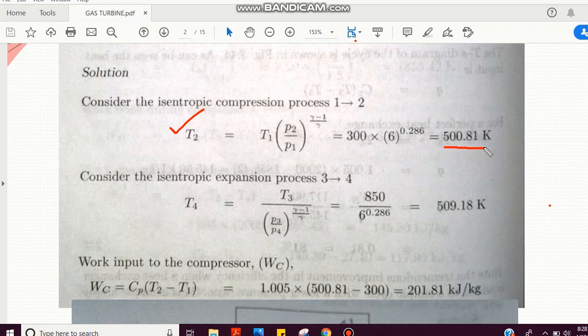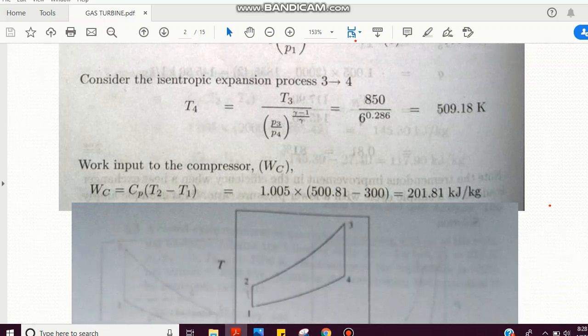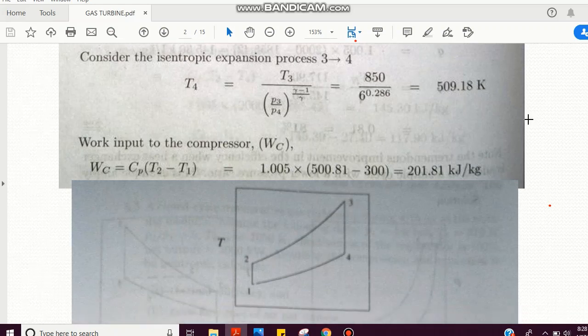Again, we are considering the expansion process, that means the turbine expansion process, that is 3 to 4. In this diagram it is 3 to 4. This is the expansion process, which also follows isentropic expansion, flowing through the turbine.